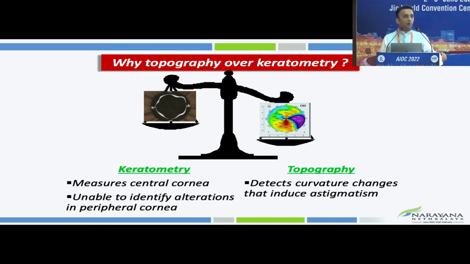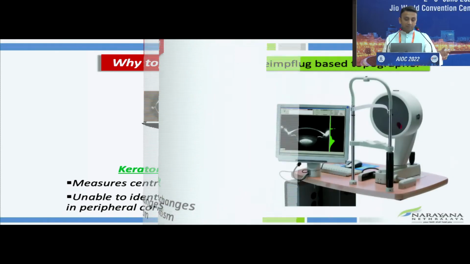When we talk about workup of these cases, keratometry won't be enough, because keratometry only talks about meridians. It only talks about a small central area, whereas topography gives us the entire picture of the cornea, which is why topography is mandatory.